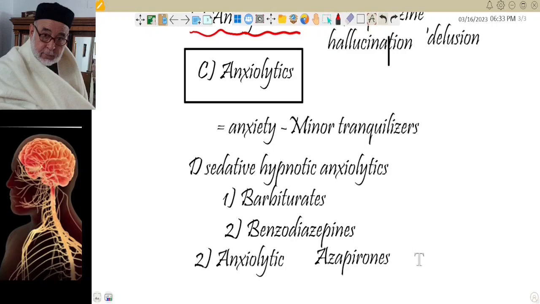These are known as well as non-benzodiazepines. They are not benzodiazepines in structure.